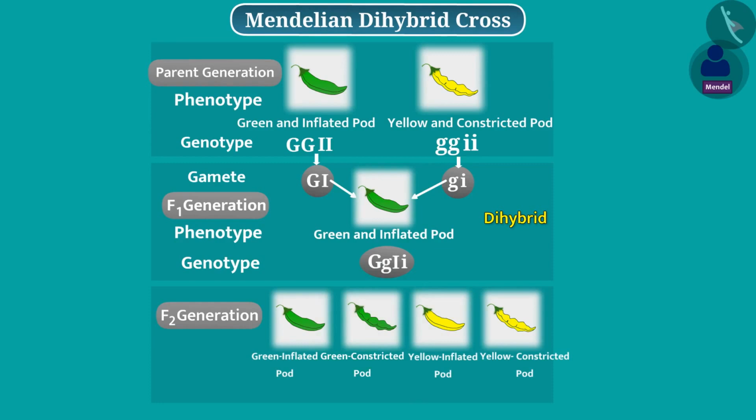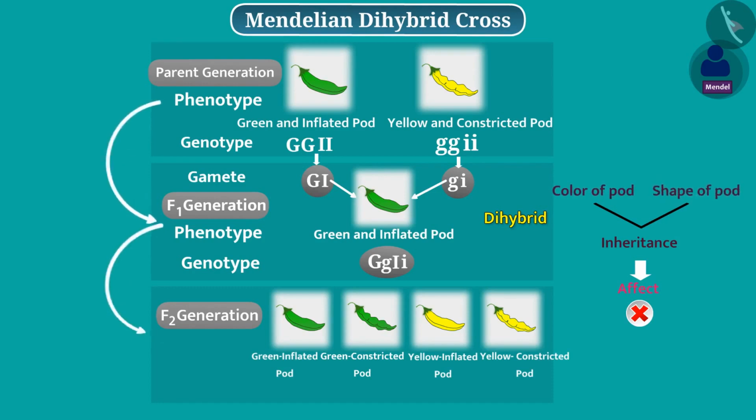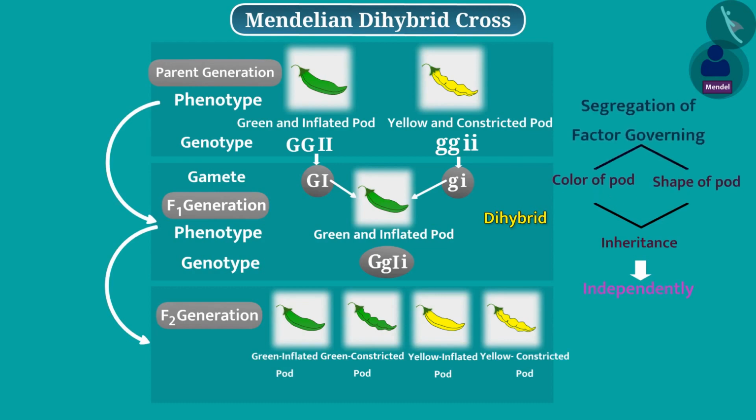This suggests that the inheritance of color of pod and shape of pod do not affect each other. This means that the color and shape of the pod is inherited independently. For this, the factors governing them have been segregated independently.